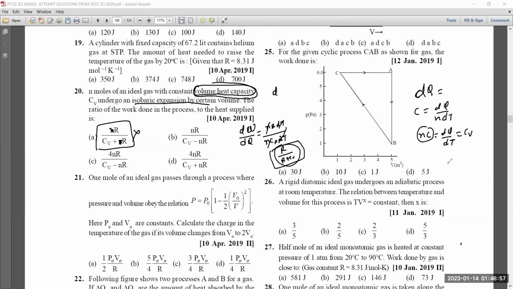Either it is specific heat capacity or it is molar heat capacity. If it is heat capacity per volume, is it dQ by dV upon dT? Sir, I think they just meant heat capacity at constant volume, and to write it in short, they wrote constant volume heat capacity. Yeah, this is confusing in that way. It is heat capacity actually, which is N into C. This is NC only. So our N Cv is this capital C, right?